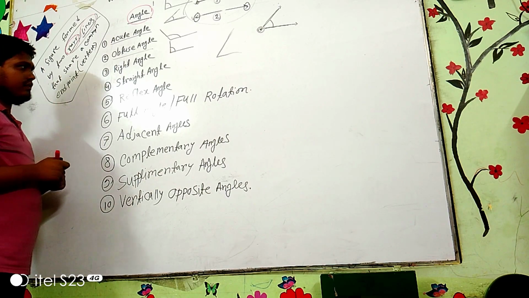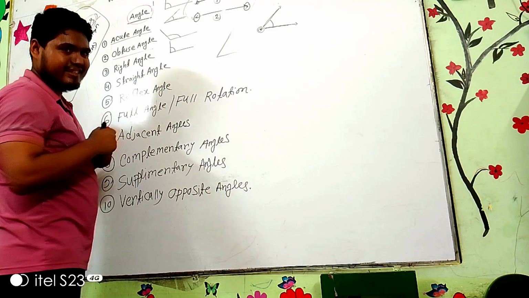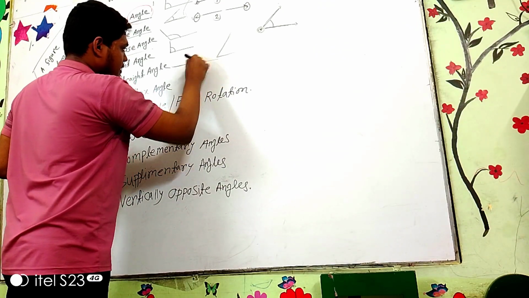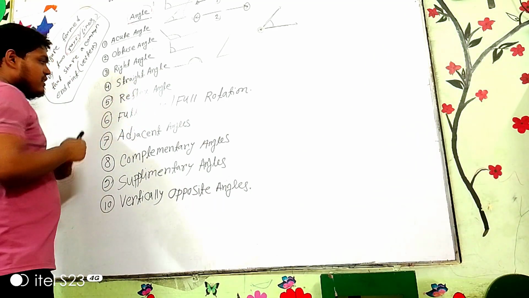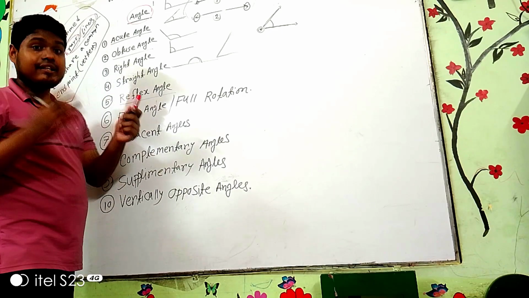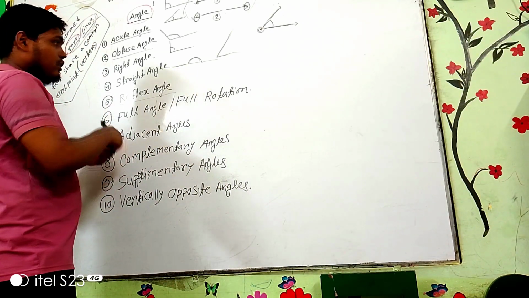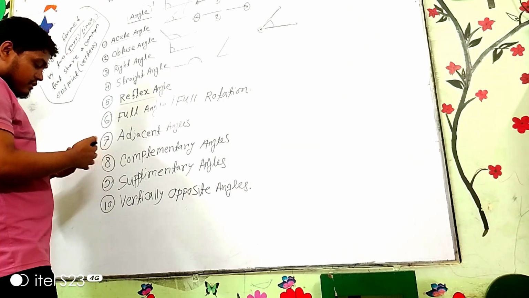Then straight angle. Straight angle is an angle which is exactly 180 degree. Reflex angle is an angle which is greater than or larger than a straight angle.